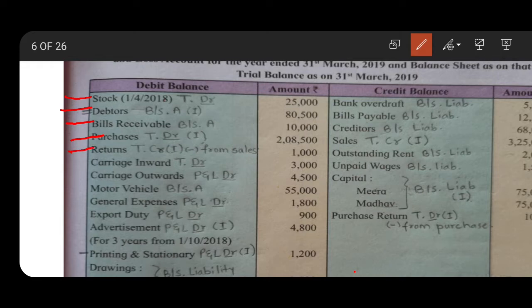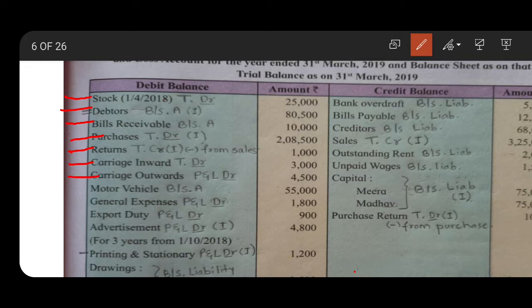Returns: it is not mentioned which return, sales return or purchase return. This return carries a debit balance, therefore this is sales return. So trading account credit side, in the inner column, this return is sales return and it will be deducted from sales. The next is carriage inward, trading account debit side.